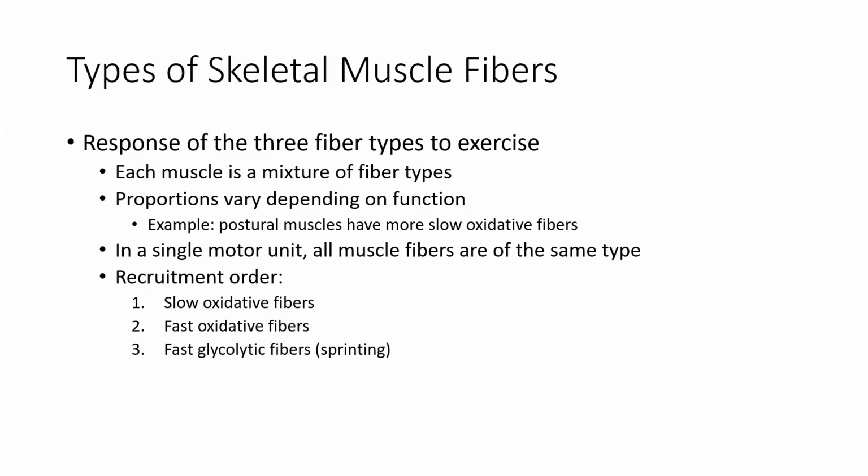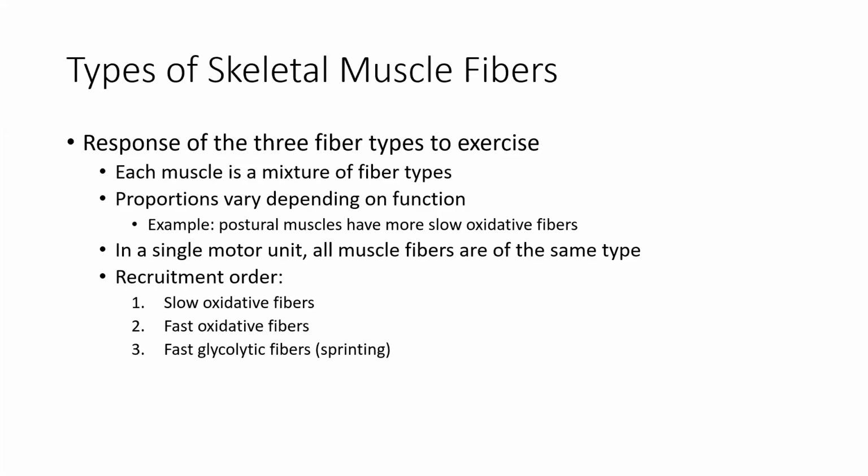And then we think about the type of activity that you do. So if you're a long distance runner, you've trained your muscles to rely more on oxidative phosphorylation. And so you're going to have more slow oxidative fibers when compared to someone who's maybe a bodybuilder or a sprinter. They're going to have more of those fast glycolytic fibers because they've trained their fibers to rely more on anaerobic glycolysis.